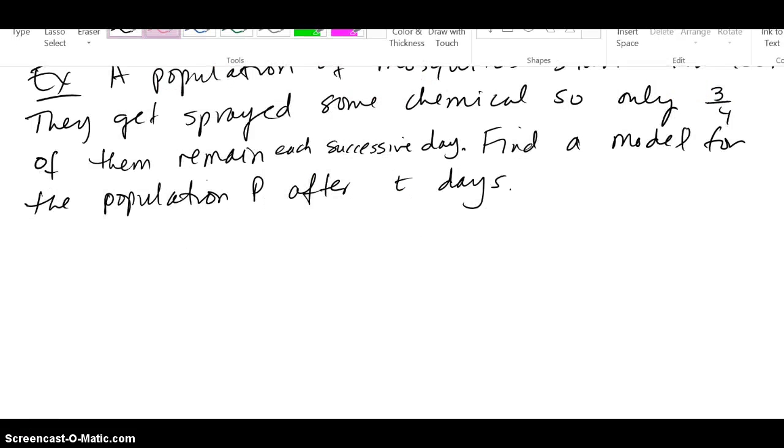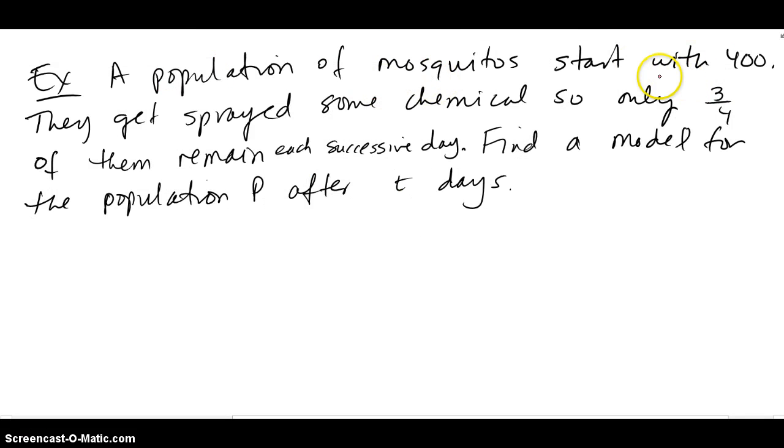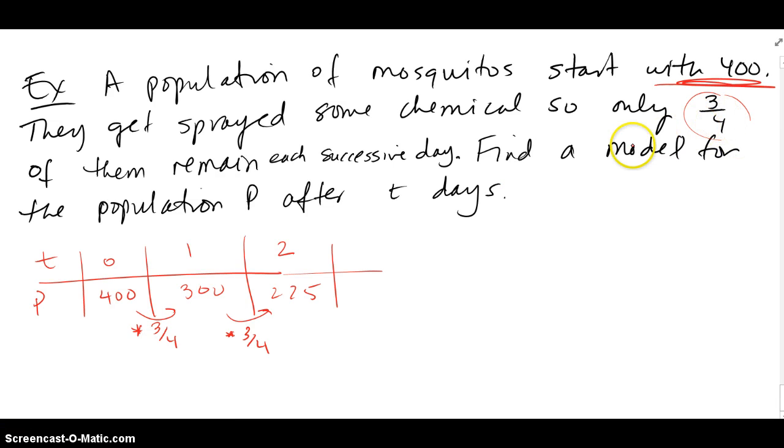Okay, so now we have a population of mosquitoes that start with 400 again, and they get sprayed some chemicals, so only 3/4 of them remain each day. So as the days go by, only 3/4 of them are left. In other words, I have the mosquitoes, they keep decreasing.